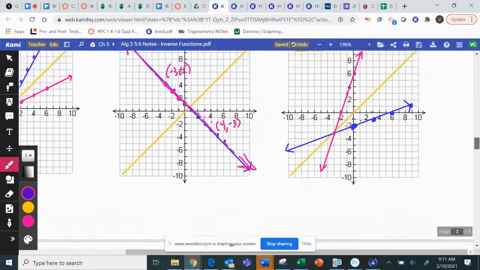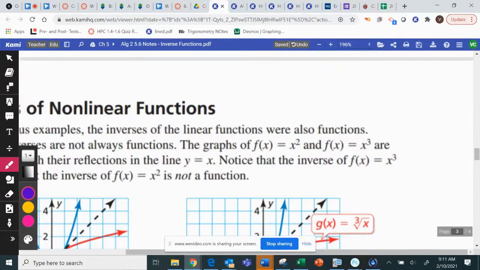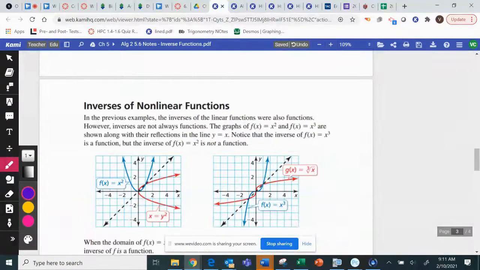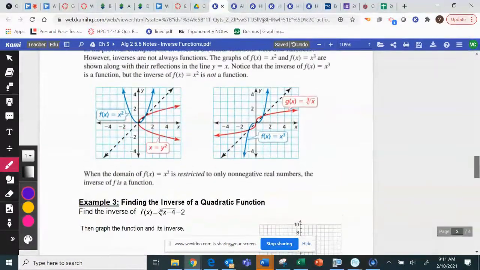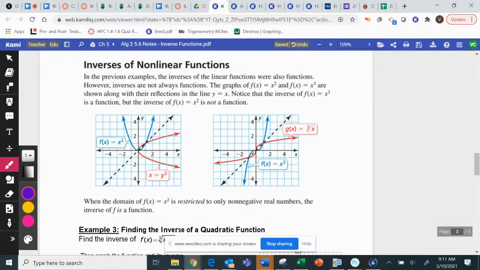All right, the last part we're going to do today is non-linear inverses. And here we have a blue, which is y equals x squared, or f of x equals x squared. And then the red is its inverse.